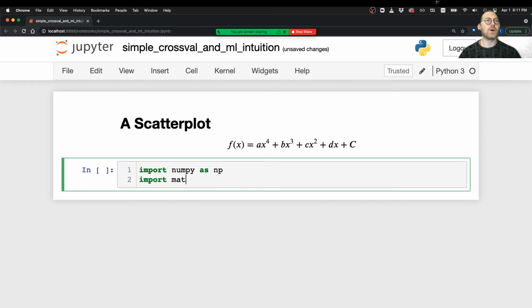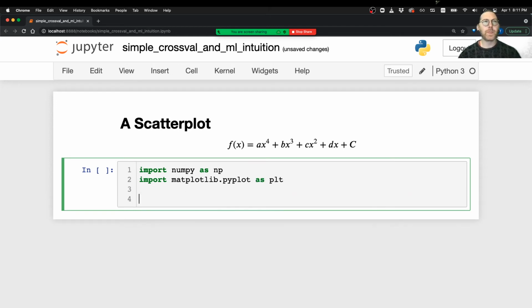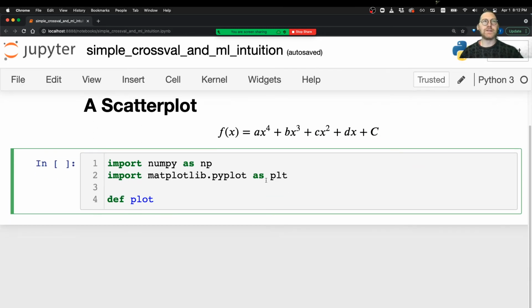So let's say we'll import matplotlib.pyplot as plt. This is just a plotting library, and we're going to use that. To make this scatter plot, I'm going to talk through this pretty quickly, and I'll try to make it make sense as we go.